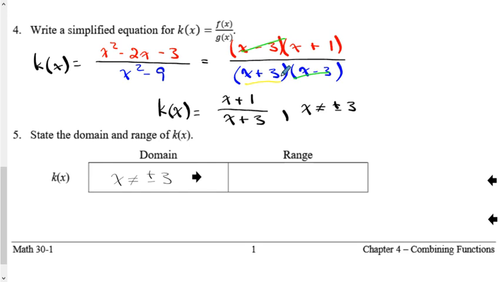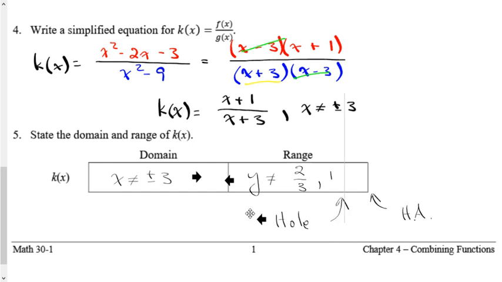But here, this common factor is giving me a point of discontinuity. And so I'll have a hole in my graph, which means I'll be missing a y value also. So here is my range. Y can't equal 2/3, and it can't equal 1. And where these are coming from again is I have a hole and I have a horizontal asymptote.